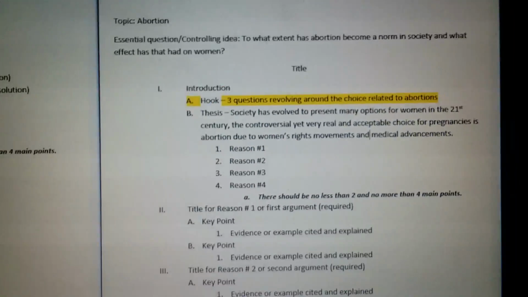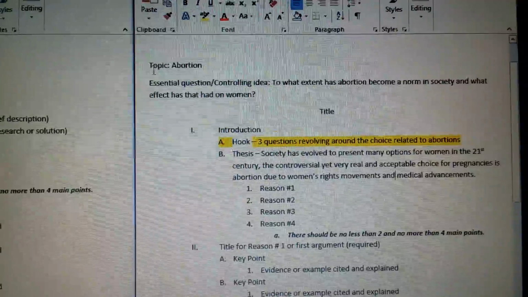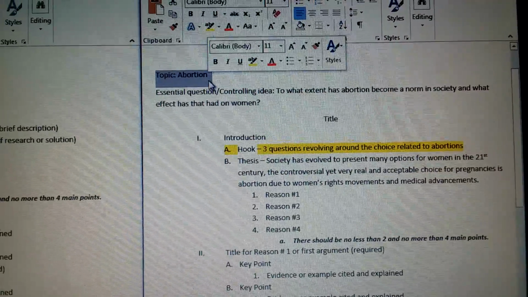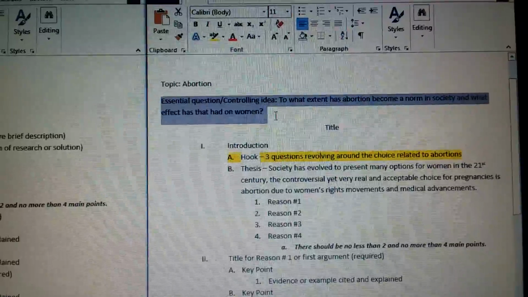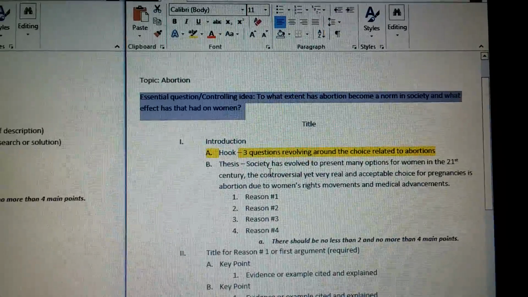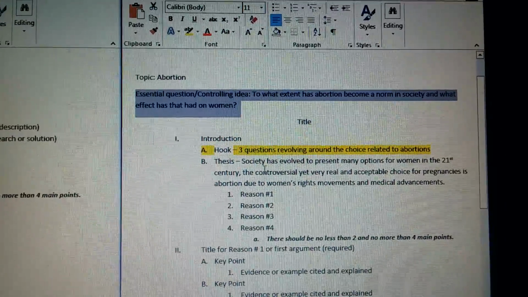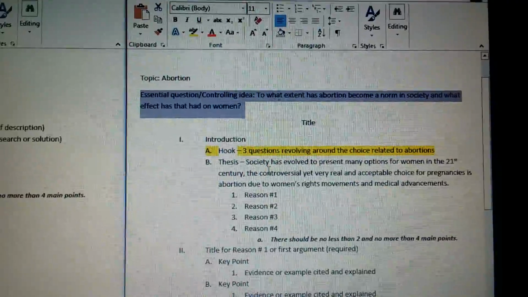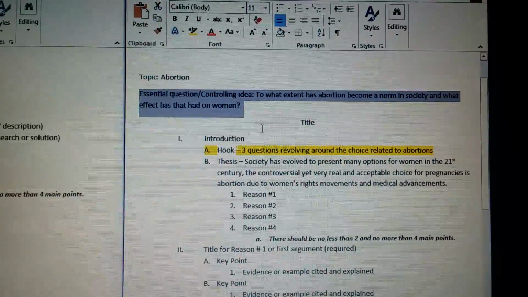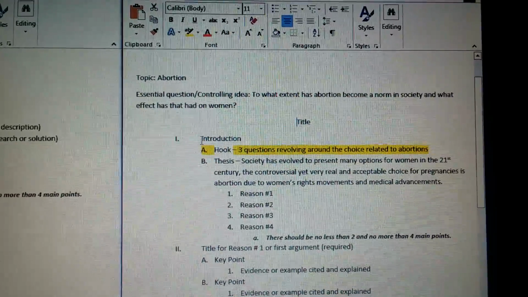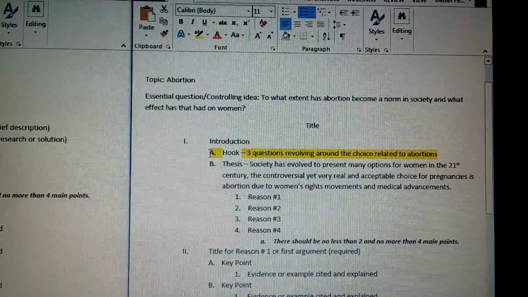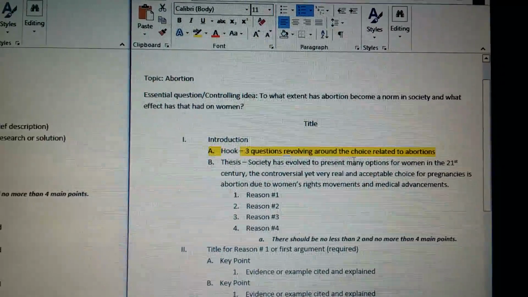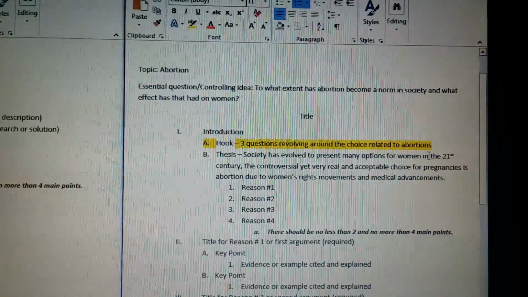Okay, so as you can see, I have the start of my outline. I have the topic, which is abortion. I have the essential question or the controlling idea, which is to what extent has abortion become a norm in society, and what effect has that had on women? My hook to start off my introduction as part of my Roman letter I is 3 questions revolving around the choice related to abortions, which I previously mentioned.